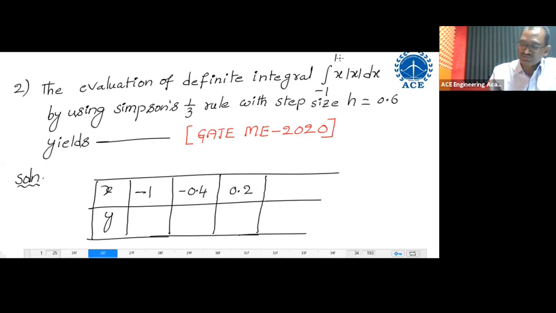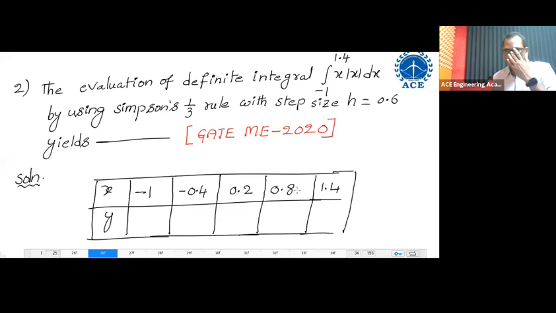Sorry, it's a small mistake. The upper limit is 1.4, it's my mistake. Next to 0.8, 0.8 minus 0.2 is 0.6. Last value 1.4, 1.4 minus 0.8 is 0.6. Now you can use h is equal to (b minus a) by n. By using that formula, you will get the number of subintervals.